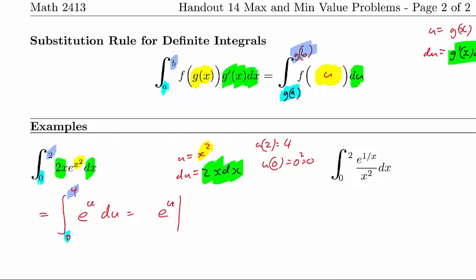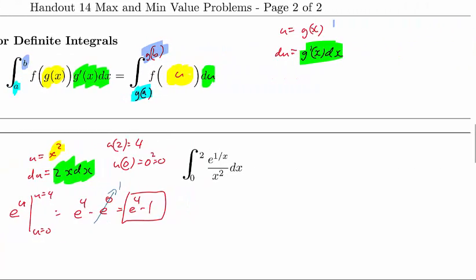And we're going from u equals 0 up to u equals 4. That's it. So we've got e to the 4th minus e to the 0. And as you hopefully recall, e to the 0 is just 1. So this is simply e to the 4th minus 1, and that's it. That's the answer. All right, so please try this next one on your own before watching my solution.